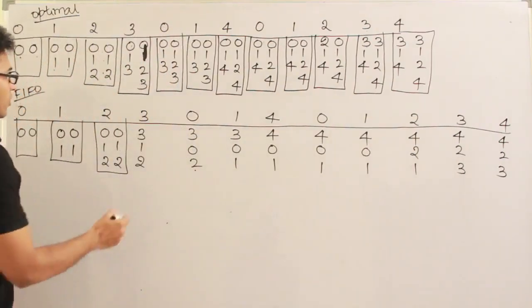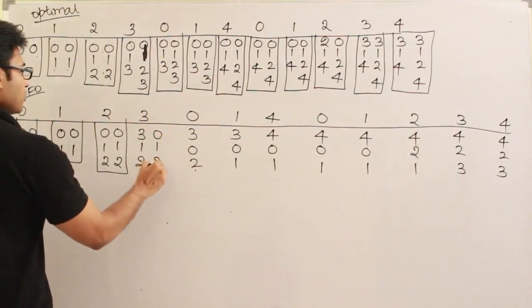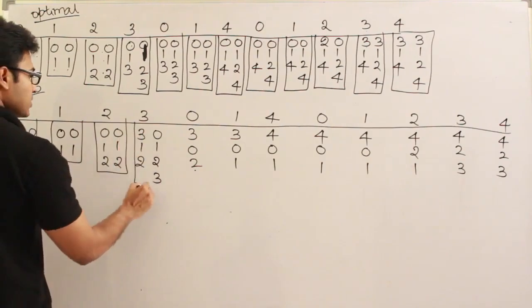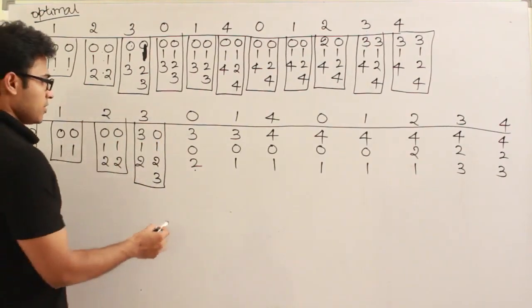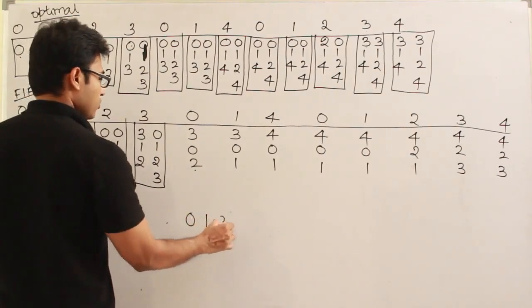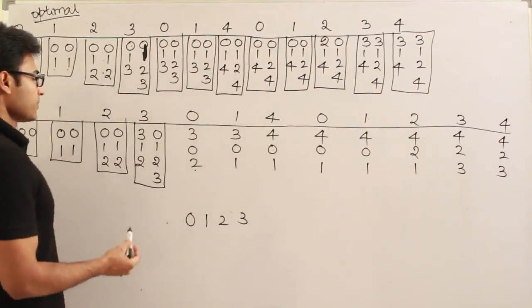Therefore 0 1 2 3 will be in the main memory, and that is the order in which they arrived in the queue.